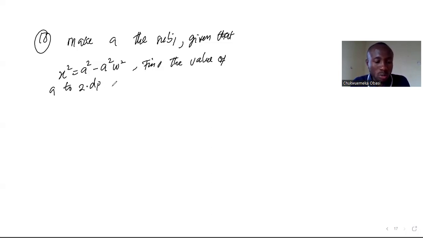To 2dp means to 2 decimal places, when x is equal to 10 and w is equal to half. So this will be our last example for these tutorials.